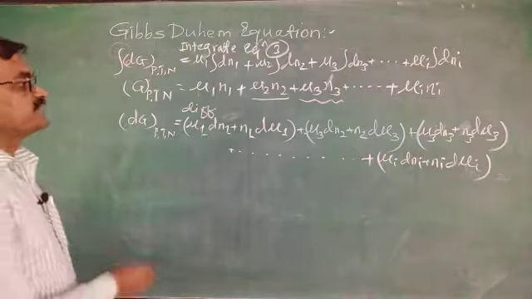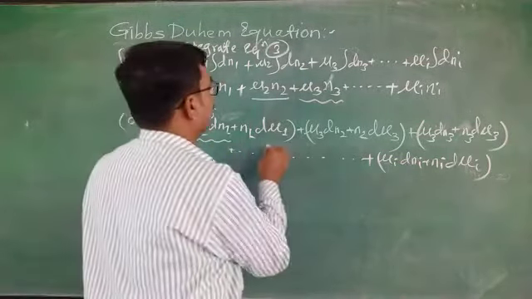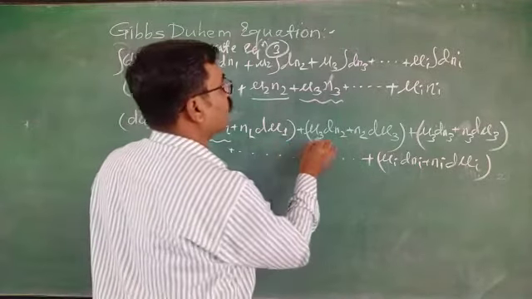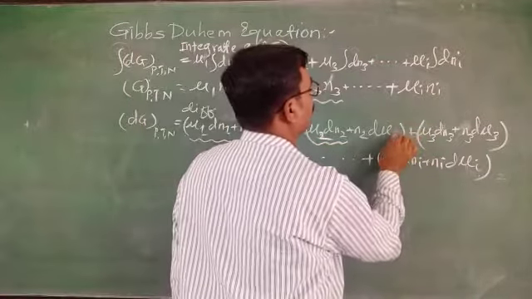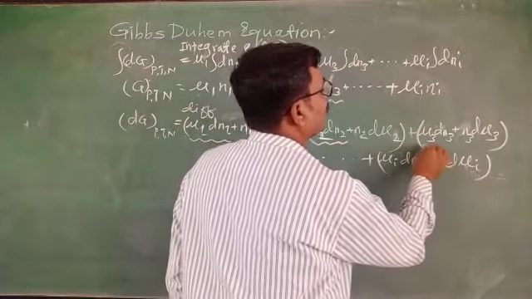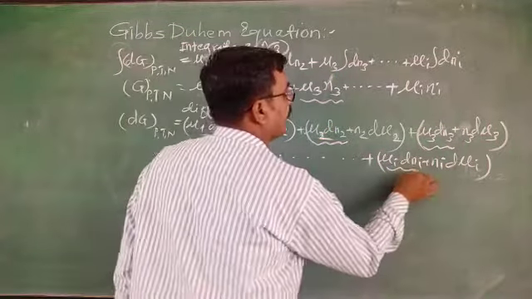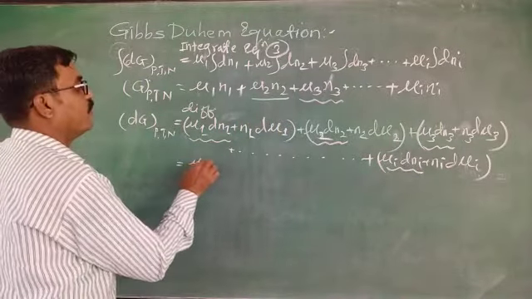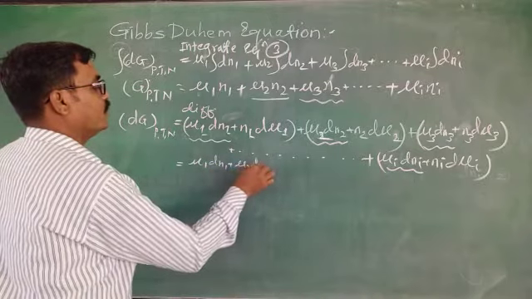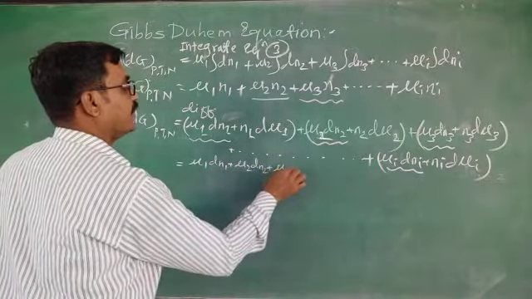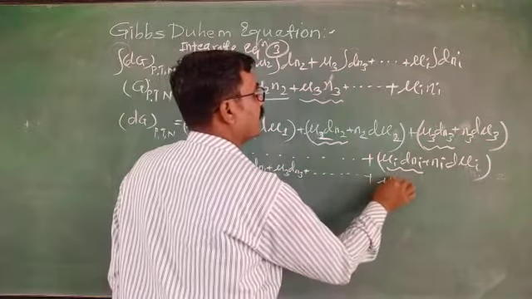Now after this collect like terms: mu1 dn1, then mu2 dn2, then mu3 dn3, and so on up to mu i dni. That is mu1 dn1 plus mu2 dn2 plus mu3 dn3 plus and so on, last term mu i dni.